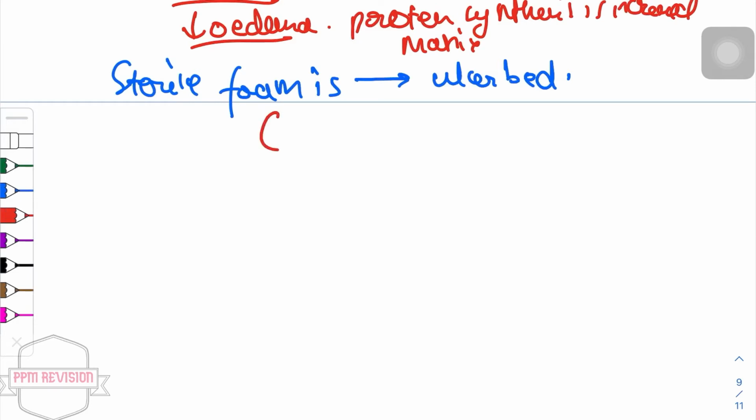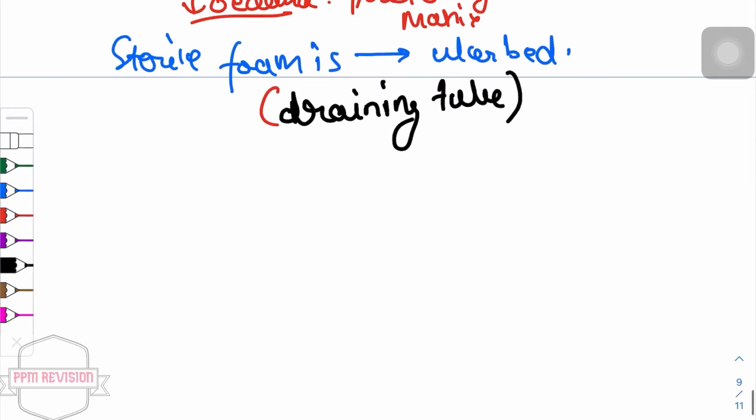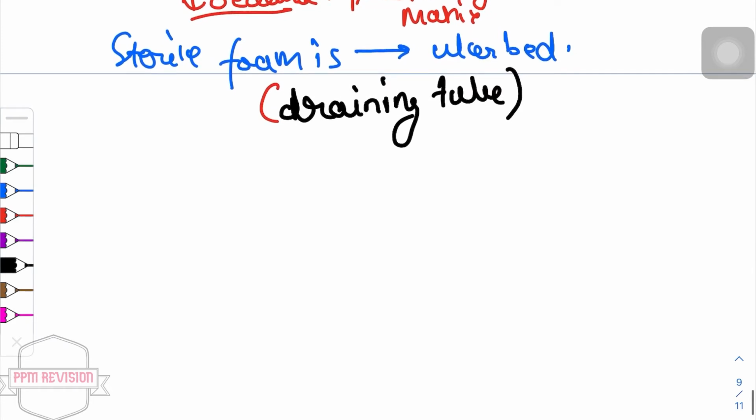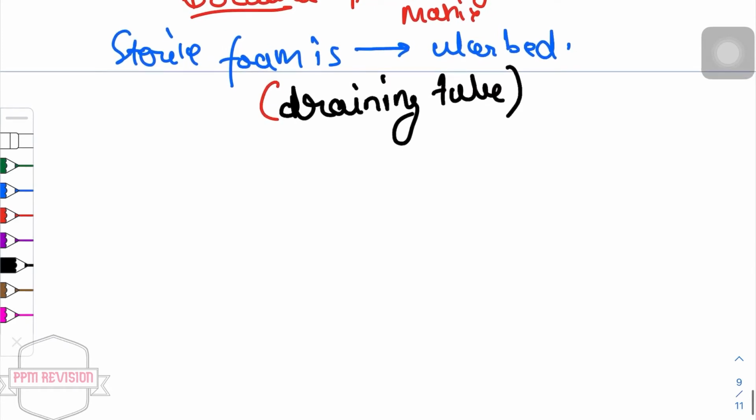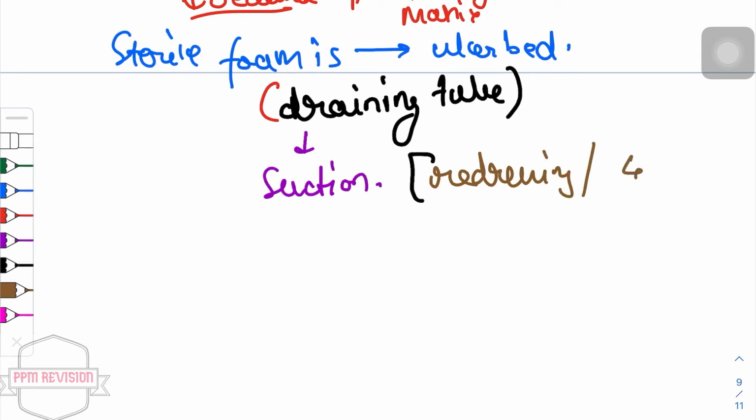Then you have a draining tube, which is connected to a suction system, and that's how it works. Intermittently, redressing is done in about a week's time.